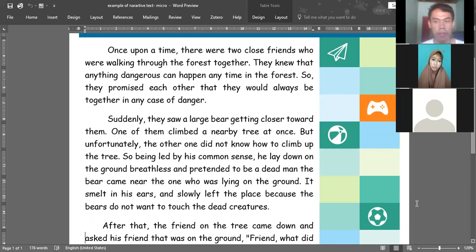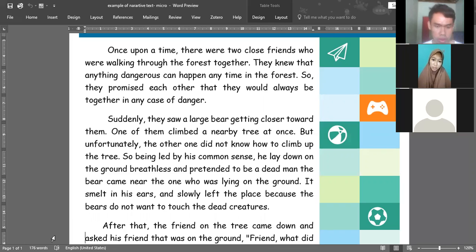Suddenly, they saw a large bear getting close toward them. One of them climbed a nearby tree at once, but unfortunately, the other one did not know how to climb up the tree.